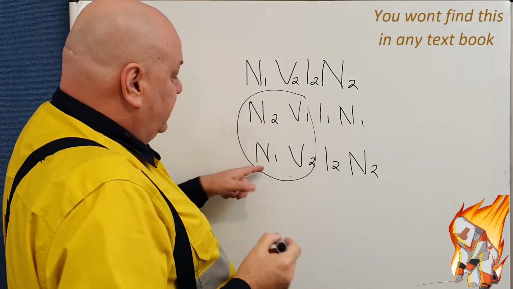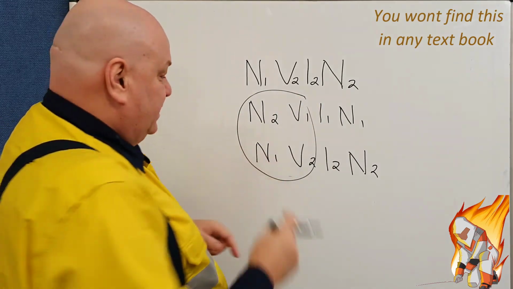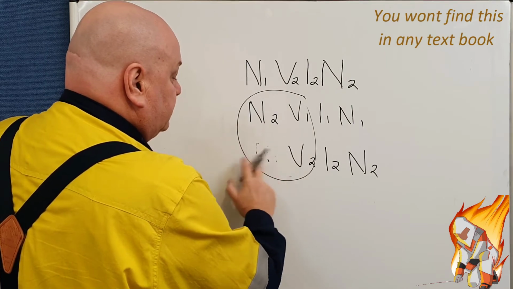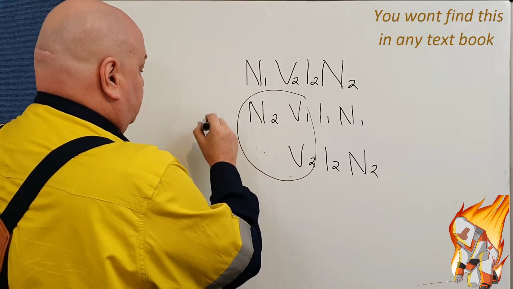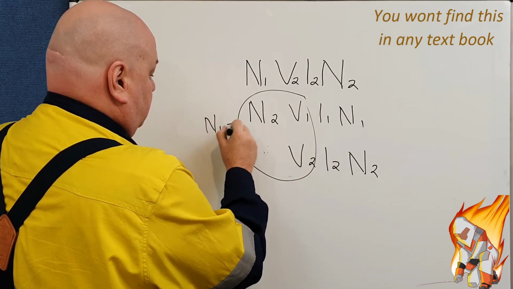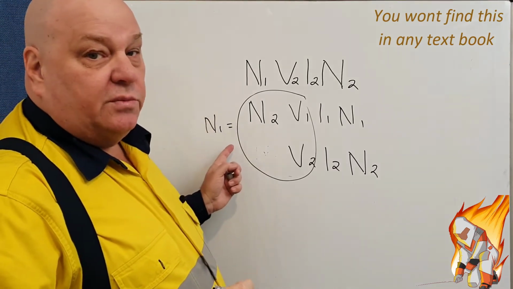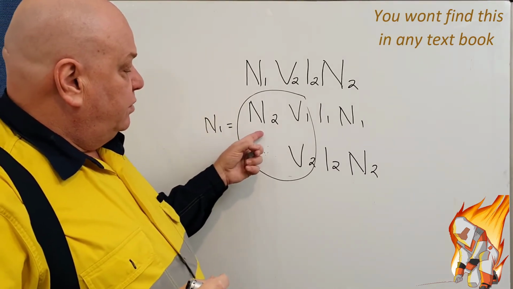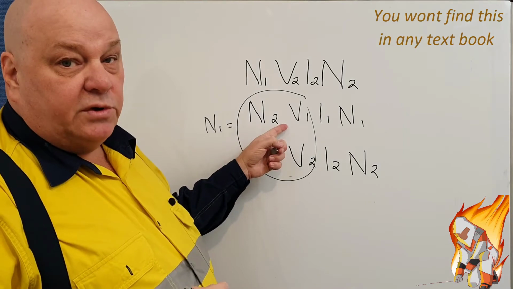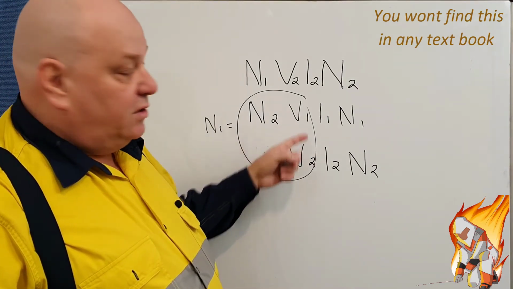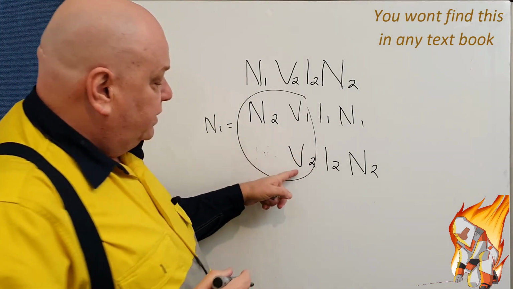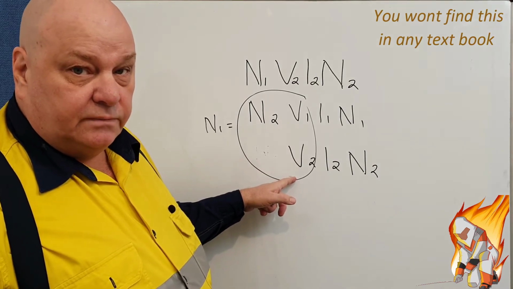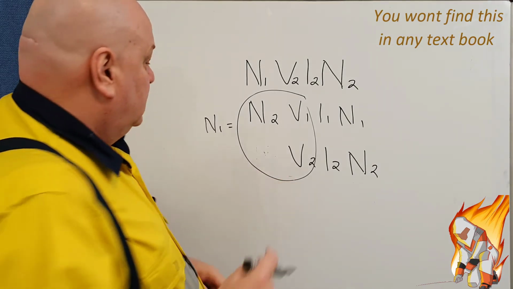There's your formula, and of course what you want is the number of turns on the primary. So number of turns on the primary equals number of turns on the secondary multiplied by the voltage on the primary divided by the voltage on the secondary. Okay.